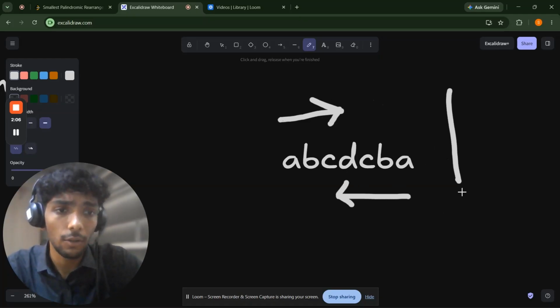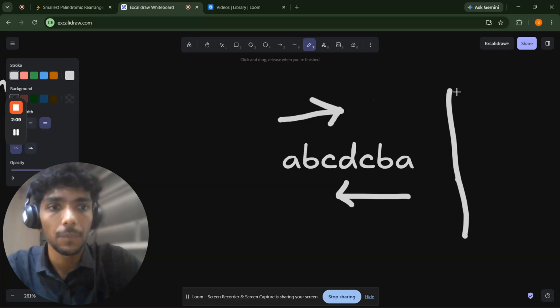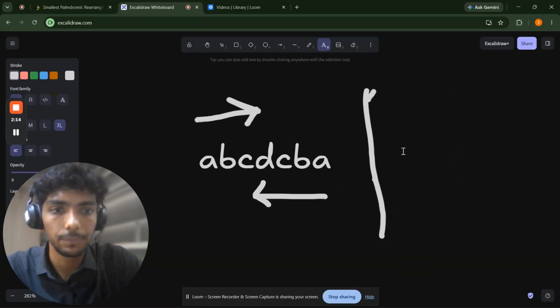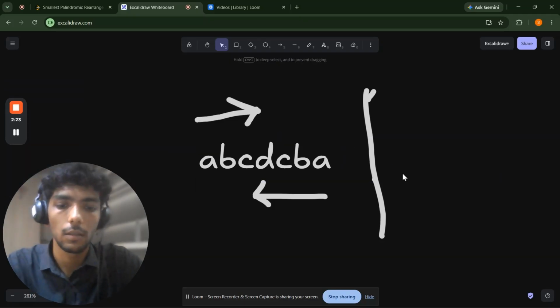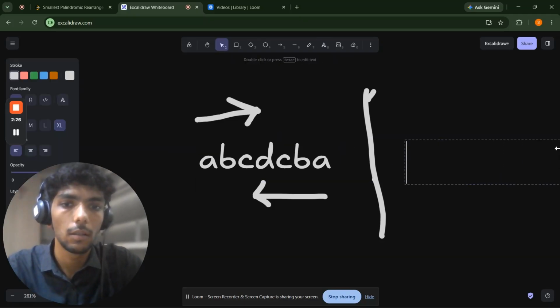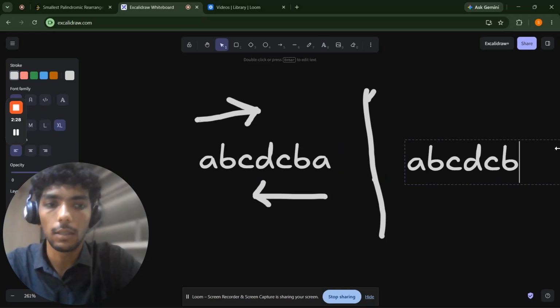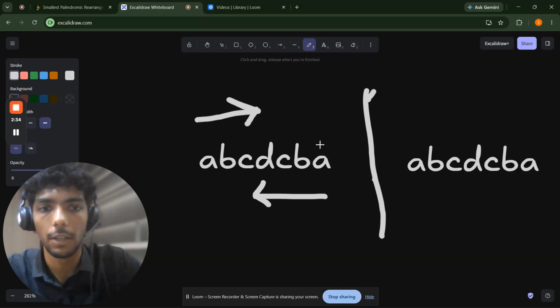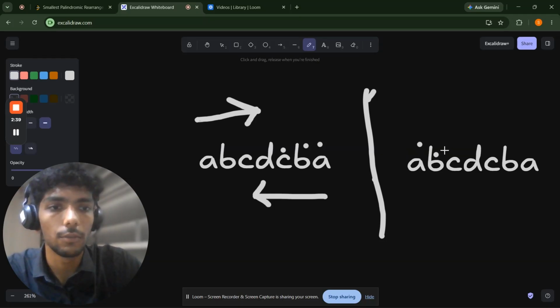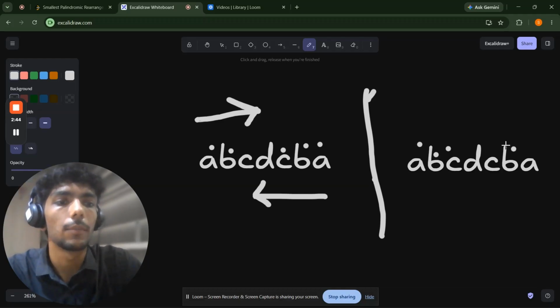We can think of one more way to describe a palindrome. Suppose we take its mirror image. Its mirror image will be A B C D C B A. What we have done is found its mirror image: this A is over here, this B is over here, this C is over here, likewise this B is here and this A is here.